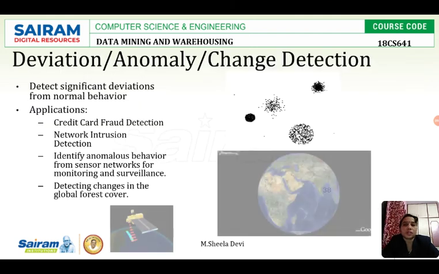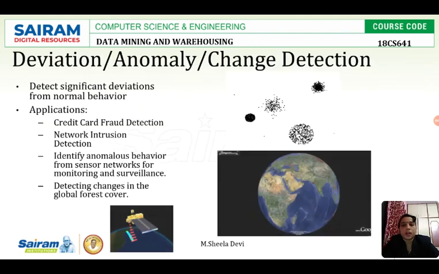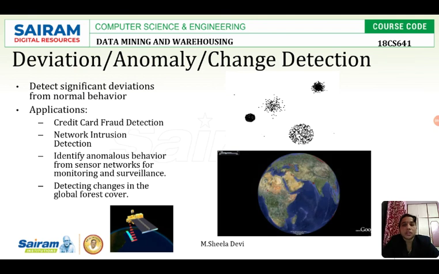The fourth task under data mining is, the first task we said predictive modeling, the second clustering, the third association rules, and the fourth is deviation, anomaly or change detection. If we find any abnormal behavior, any deviation from the normal behavior, then we call it anomaly or change detection.